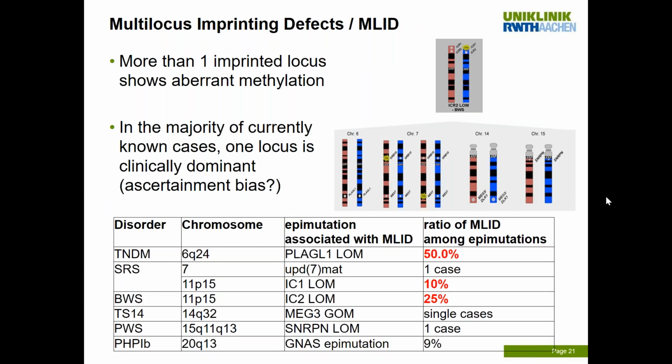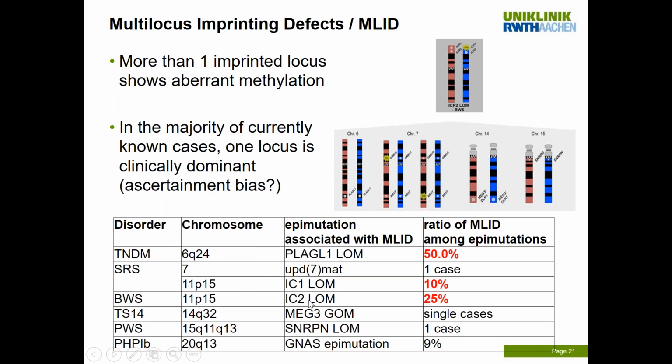Then we have multilocus defects. Currently, we do not know the contribution of MLID to the phenotype, but we think that MLID probably has a more important influence than we currently know. Multilocus imprinting defect means that not only one imprinted locus is affected, but that several others show aberrant methylation. Interestingly, as we know from the current imprinting disorders, we might have a clinically dominant locus.